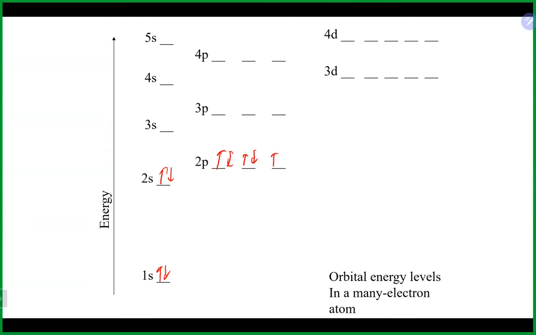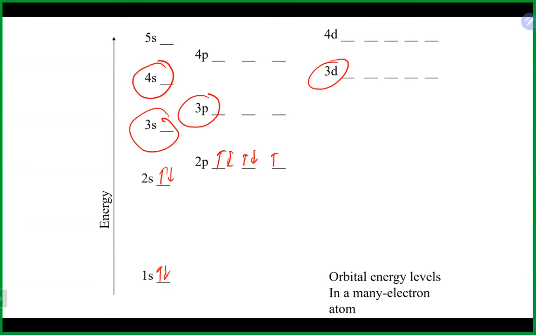The main difference that happens because of the separation of orbitals based on energy is as it goes from the 3s to the 3p, the next lowest in energy is actually the 4s, and it will get electrons first, and then it will fill up the 3d. So the s will get electrons first because it's lower in energy than the d orbitals.